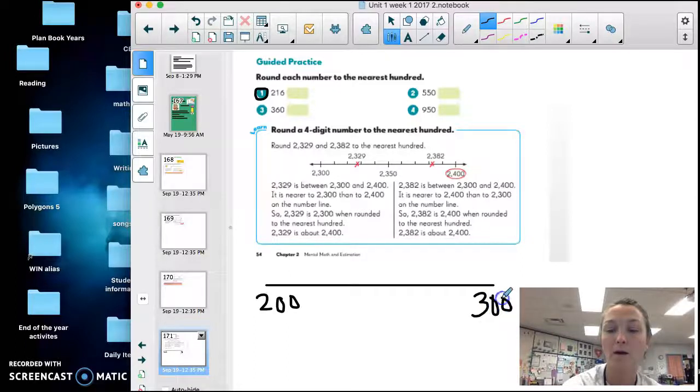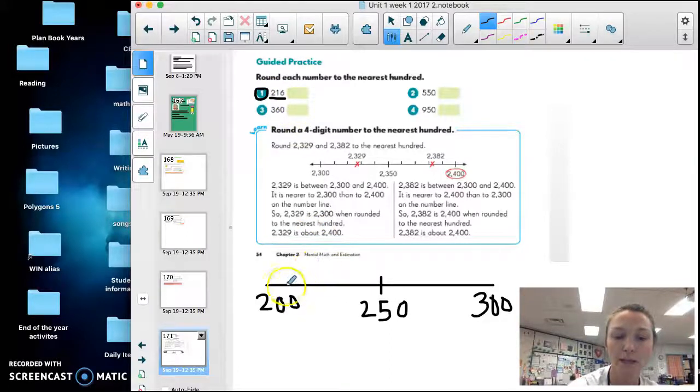My middle marker, right down the middle, is 250. So I'm going to go back to see what that number was again for number 1. It was 216. So 216 is maybe about right here. If this is 200 and that's 300, is it near to 200 or is it near to 300 when rounding to the nearest hundred?